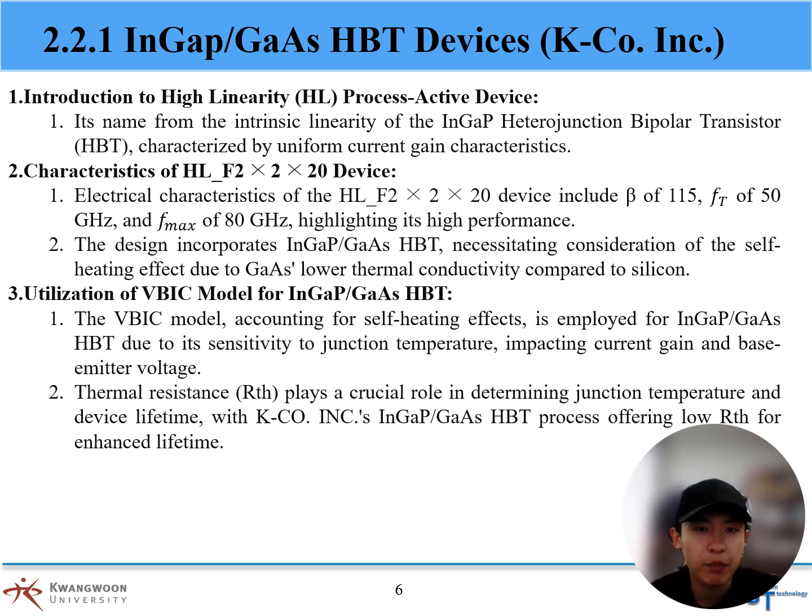Next is InGaP ledge and noise reduction. InGaP ledge, depicted in Figure 2.10, serves to prevent surface recombination currents, significantly reducing 1 divided by frequency noise and enhancing oscillator design by minimizing phase noise.